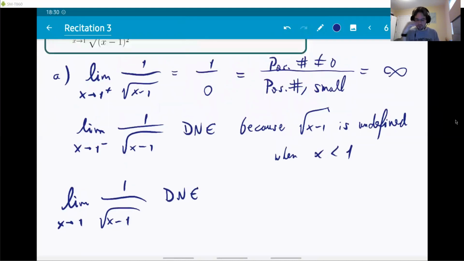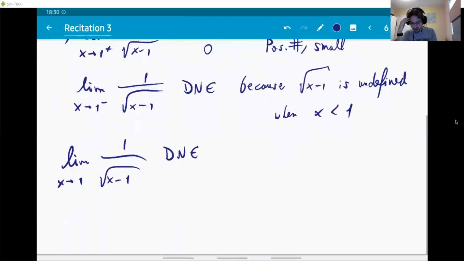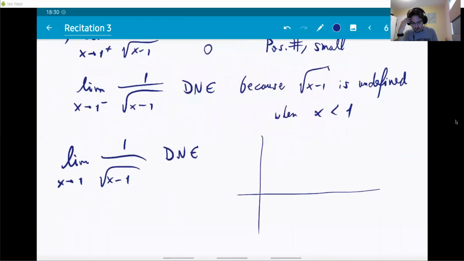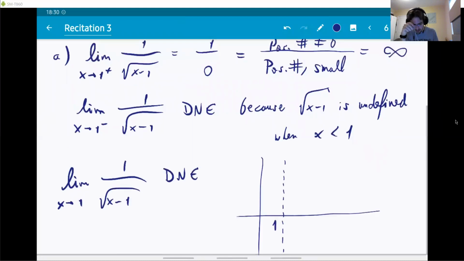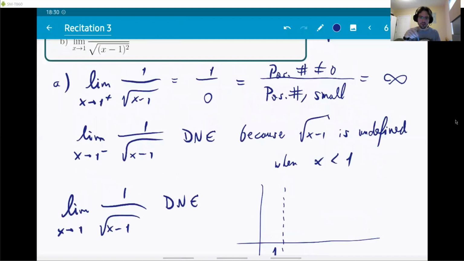All right, so what does this all mean, by the way, for the graph of this function is that around the number 1, here's the number 1. The function was becoming very big, was growing towards infinity on the right side. Meanwhile, on the left side, it doesn't even exist. There is no graph on this region before 1, or at the number 1 either.